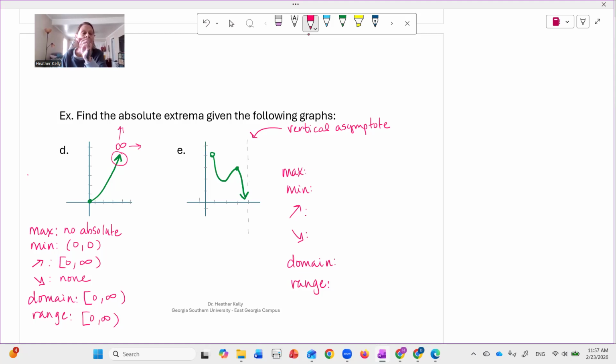It just gets infinitely closer and closer and closer to that line. Okay? So it's a vertical asymptote that the graph will never cross. Just get infinitely closer.